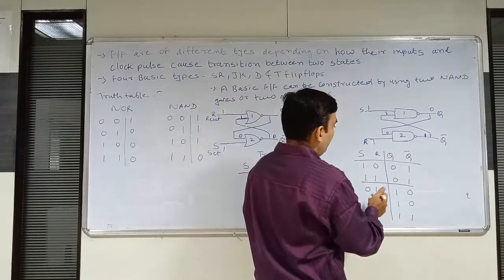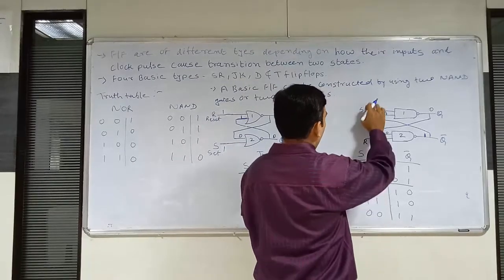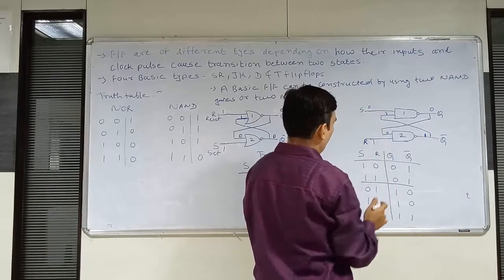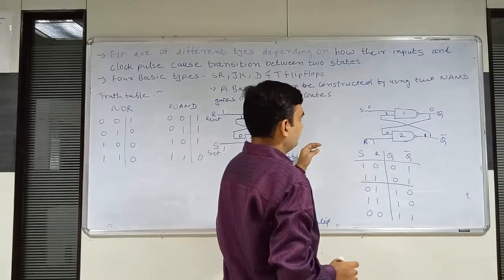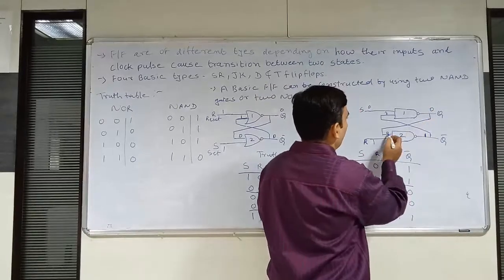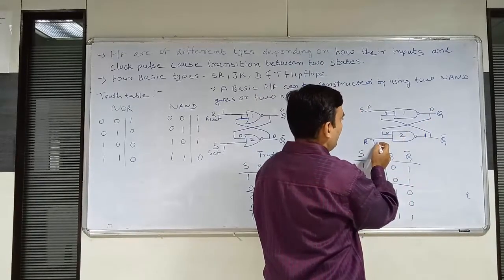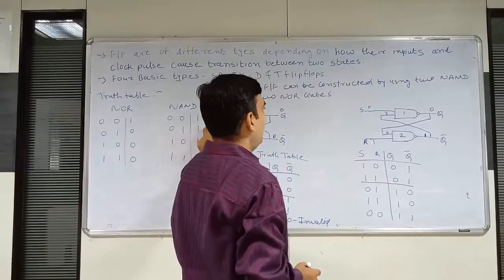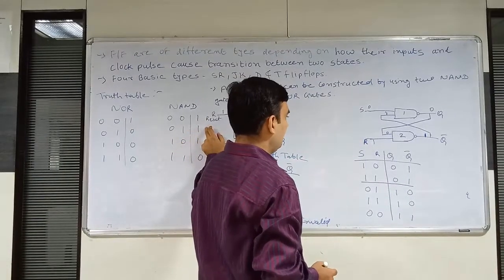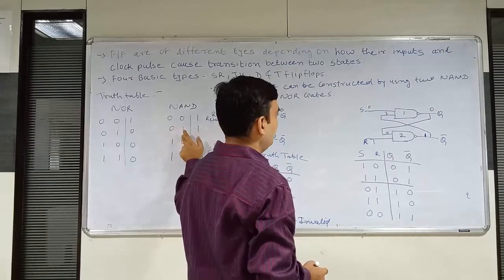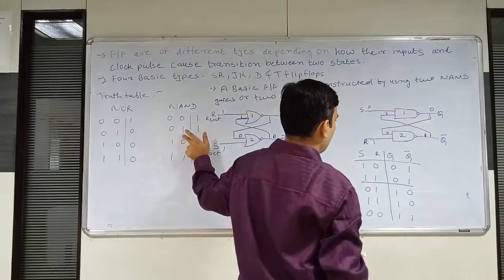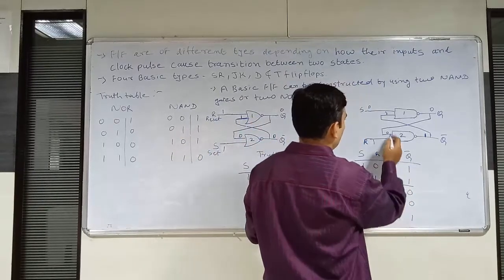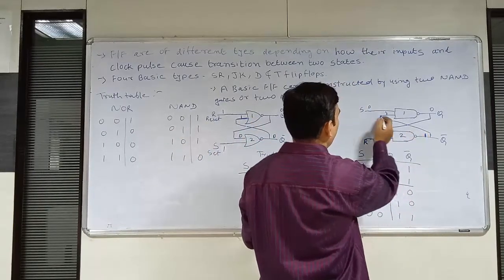Again we will set S is equal to 0 and R is equal to 1. This 0 will come here and R is equal to, we have set already 1. So 0 and 1, our output will be 1, and this one will come here.